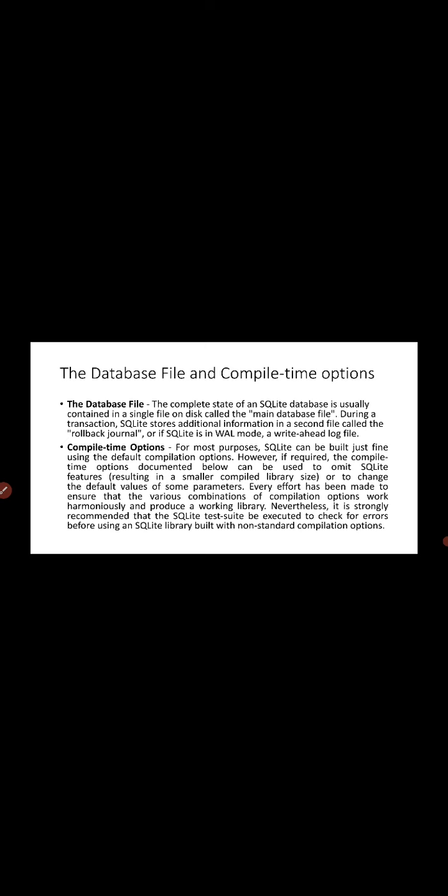Or if SQLite is in WAL mode, a write ahead log file. The compile time options: SQLite can be built just fine using the default compilation options. However, if required, the compile time options documented below can be used to omit SQLite features or to change the default values of some parameters.